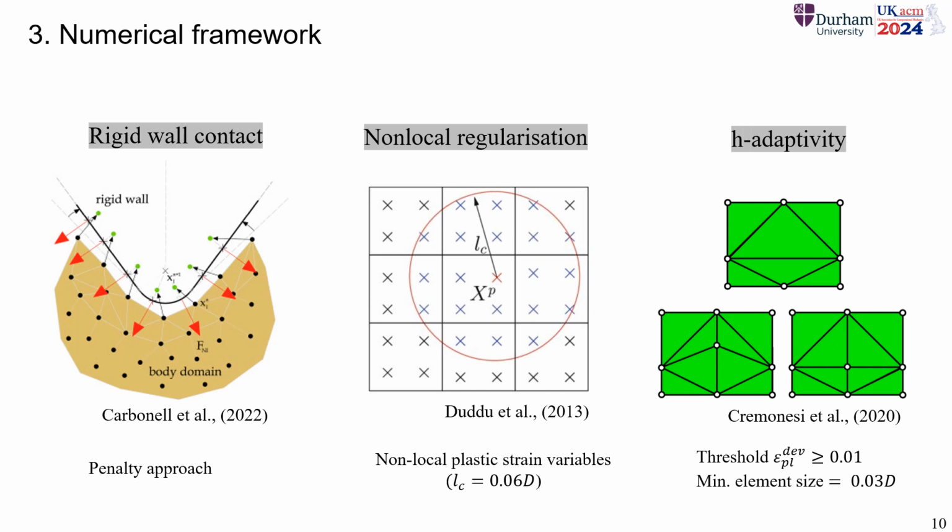And finally, to improve the quality of the result and make it more efficient while not creating a mesh dependency, we're using H adaptivity based on a threshold of the plastic deformation.